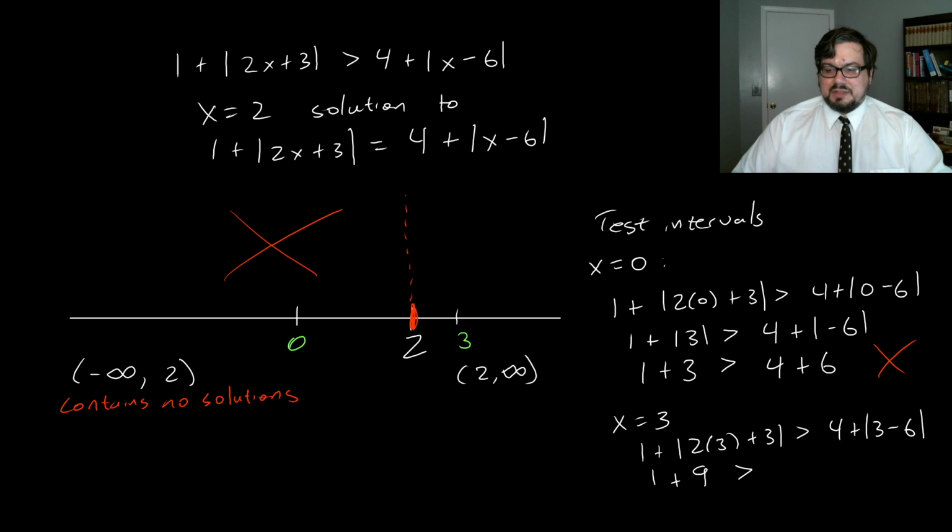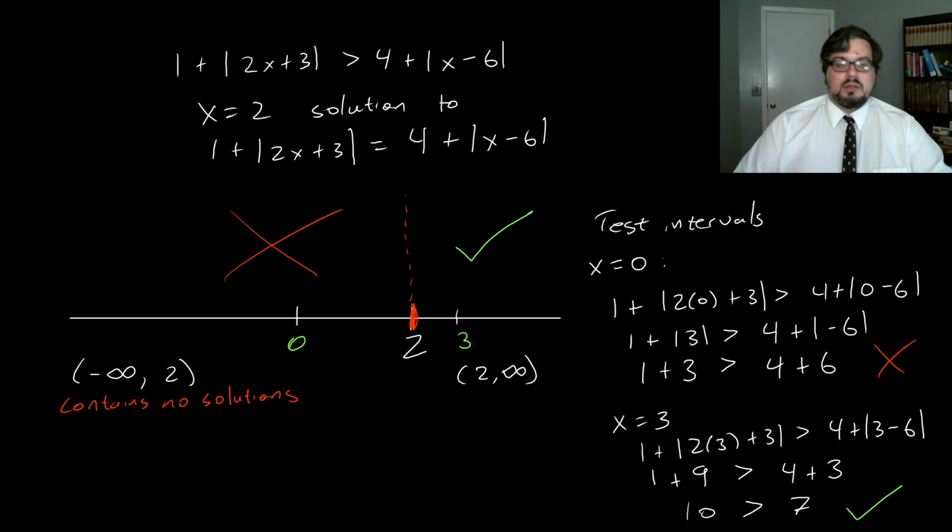And is that greater than 4 plus, now 3 minus 6 is negative 3. The absolute value of negative 3 is 3. So we get 10 is greater than 7, which is true. So we have that the interval from 2 to infinity contains solutions to our inequality.